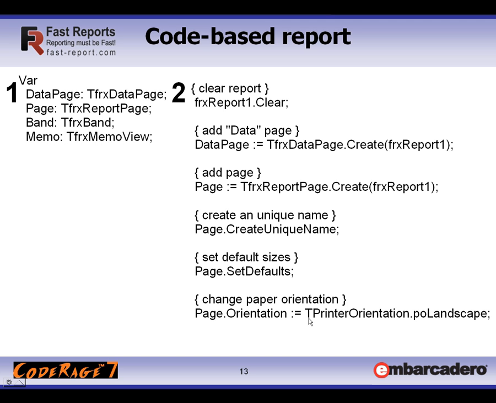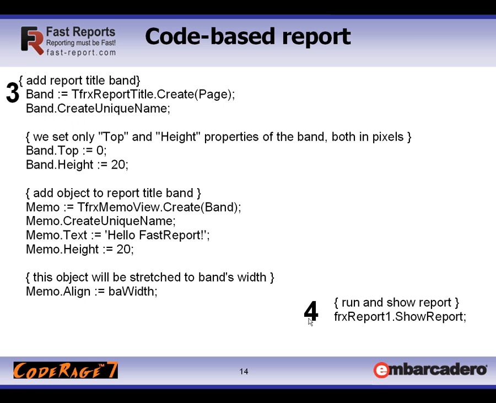Then the main part: add a report title, set the top and height properties of the band, and place a memo on the band with a unique name, set the text "Hello FastReport", set the height of this memo, and also stretch it. That's all. That will be enough to run and show the report.